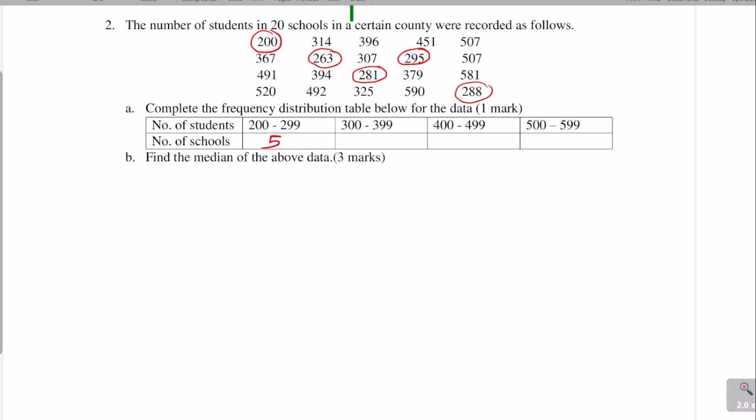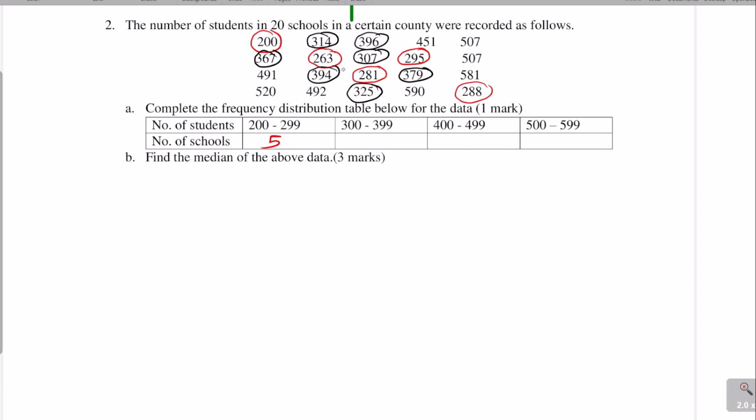Then from 300 to 399, any value that is between 300 and 399, we mark that. We have that one, and all these are falling in that group. I think those are enough. So 1, 2, 3, 4, 5, 6.